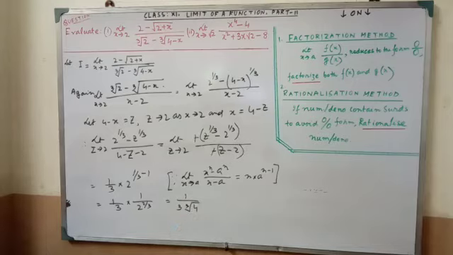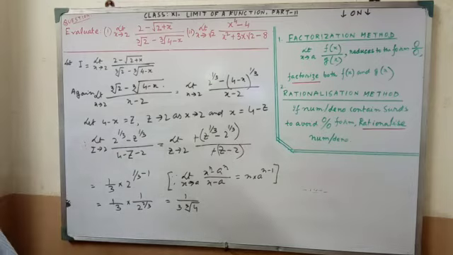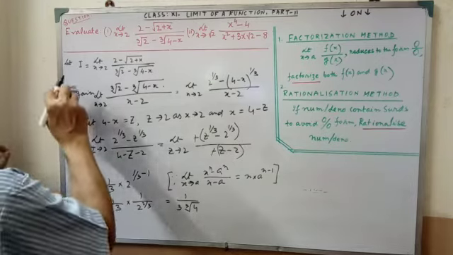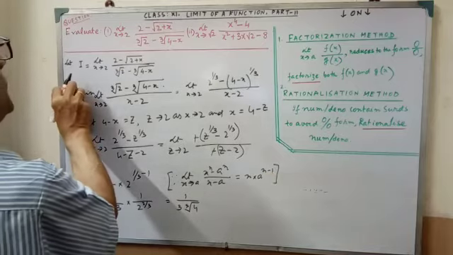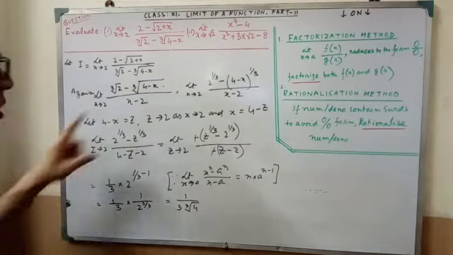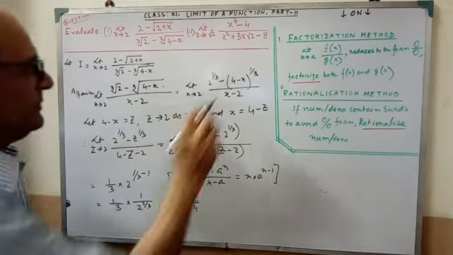After this, we may simplify. Next, we have to finish this. That is I1. In part 1, we got the result minus 1 by 4. I think you have followed. No problem.